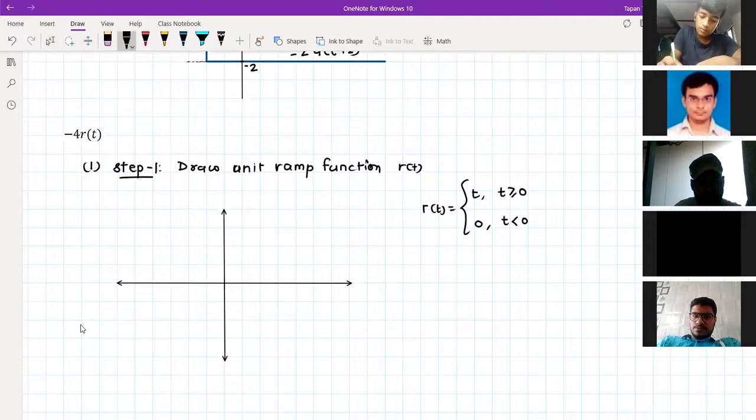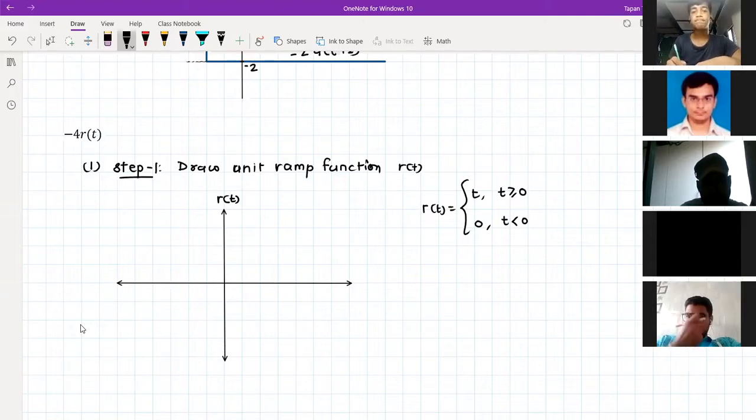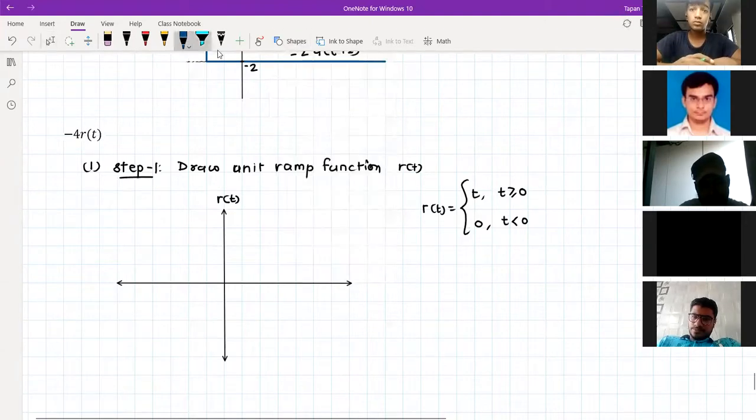So how can you draw r of t? Through the origin with slope. It's very simple. A line which starts at 0 and has a slope of 45 degrees.